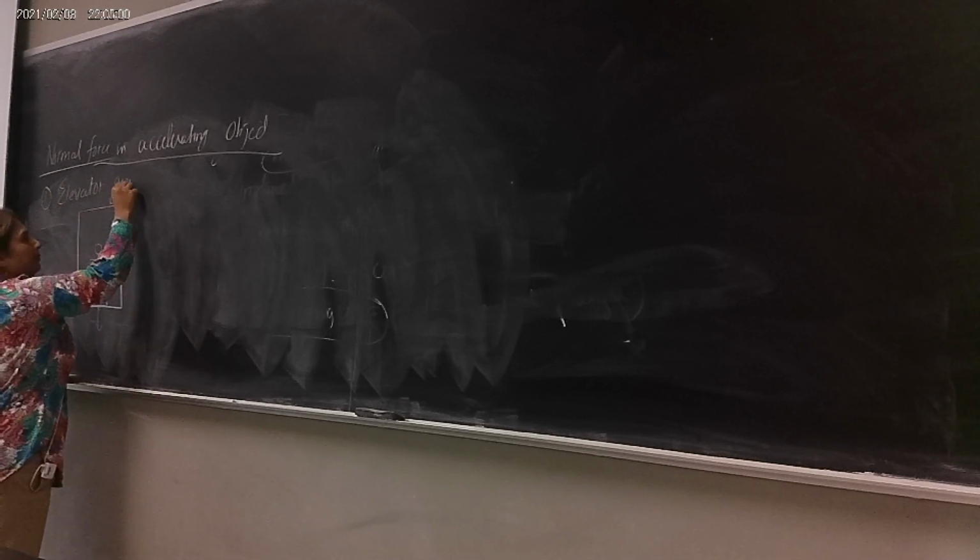So let's do the case of an accelerating object. Let's do the case where it's going up. Your elevator is going up with some acceleration. Sorry, a is positive because it's going up.